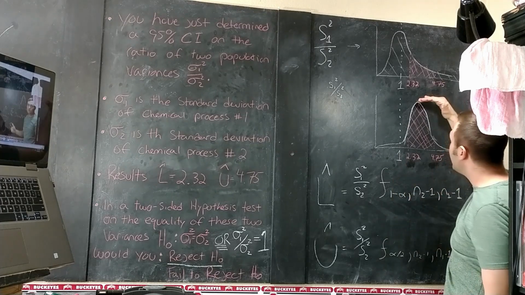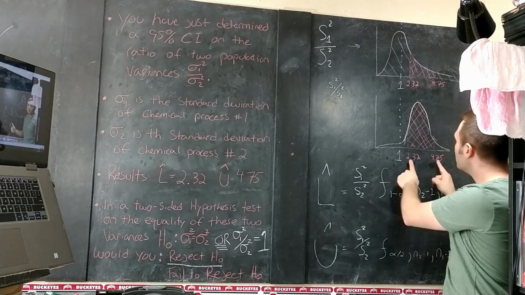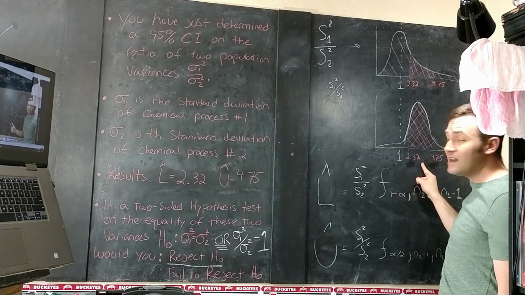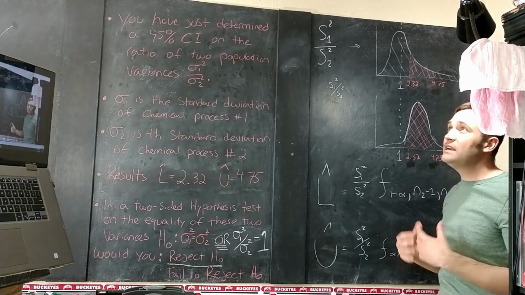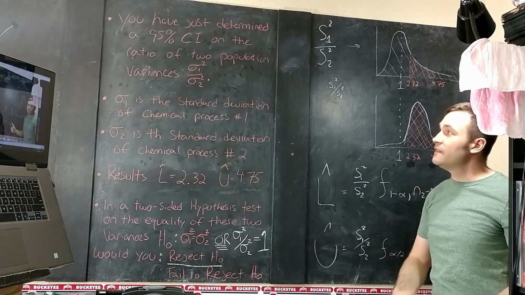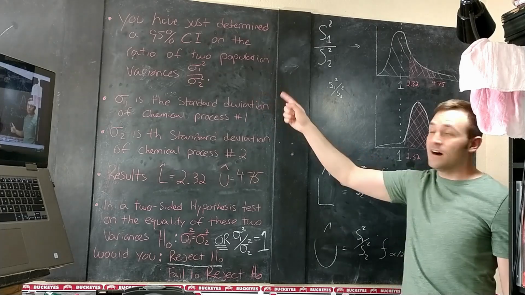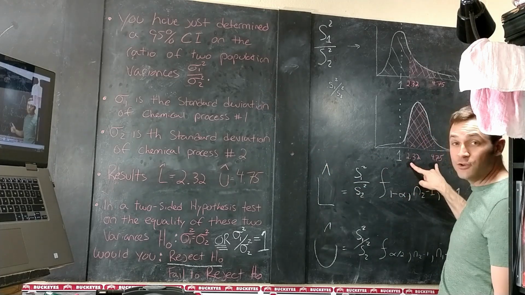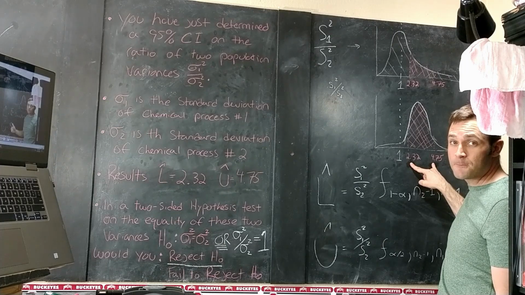And so the majority of the area under this curve lies within this range. And the value 1 is not in this range. So we have 95% confidence that our parameter is not taking the value 1. It's taking some value between these two values.